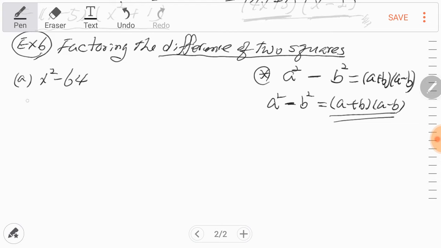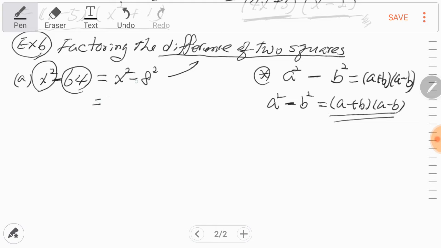So let's check this. X squared minus 64, and this is minus, and the first term is squared. Then let's check if the second term is also squared. Then 64 is 8 squared. This is the difference of squares.